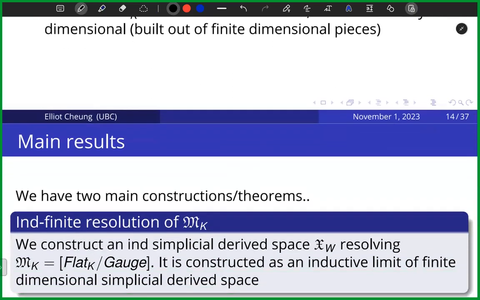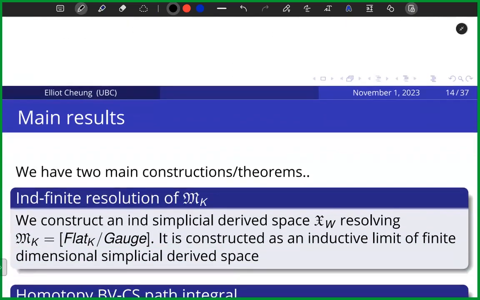So we have two main constructions and theorems. One is we've managed to build such a well-behaved resolution of this gauge group quotient, and it is a simplicial derived space that's a limit of finite dimensional derived spaces.